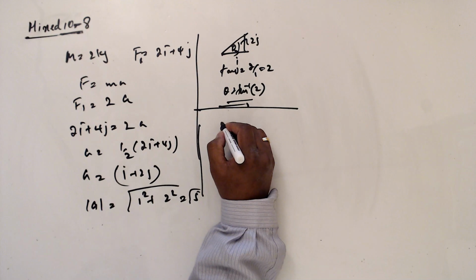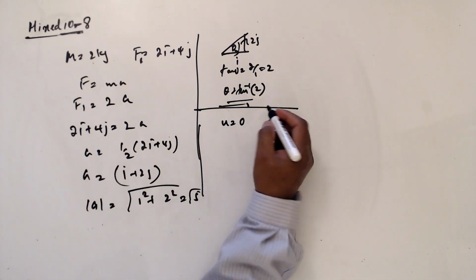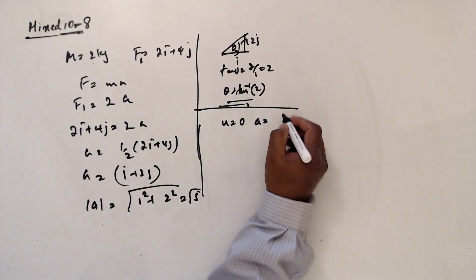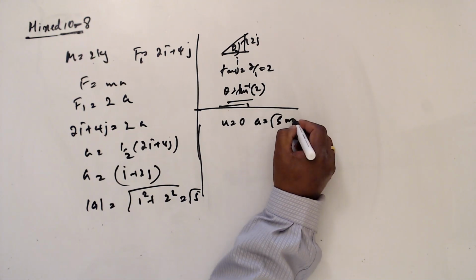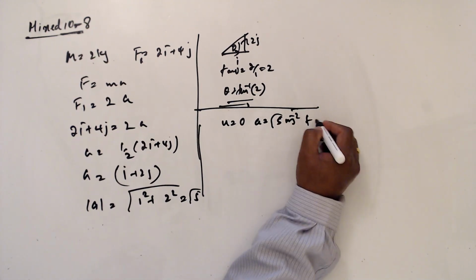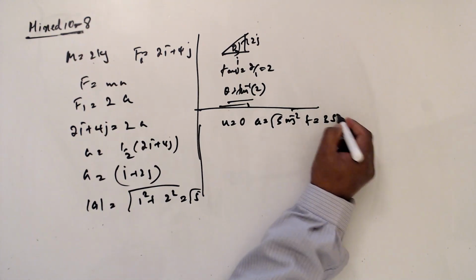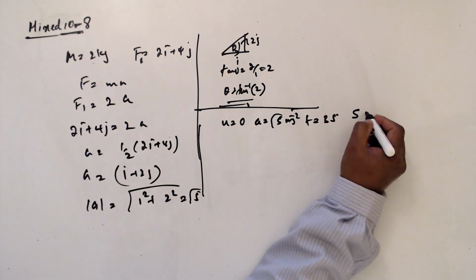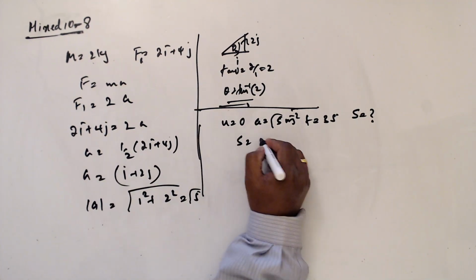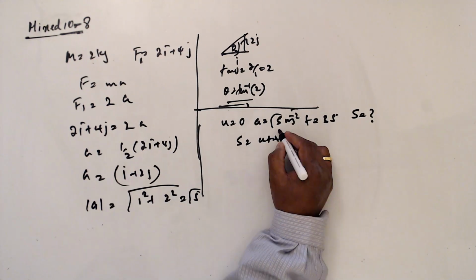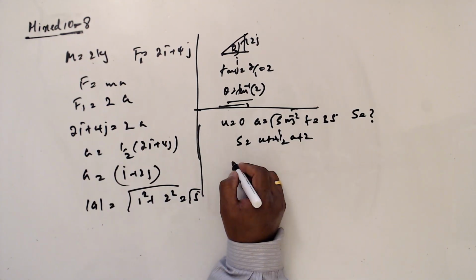So initially u is 0, and we have a as square root 5 m/s squared, and t is given as 3 s. We need to find the distance. s equals ut plus half at squared.